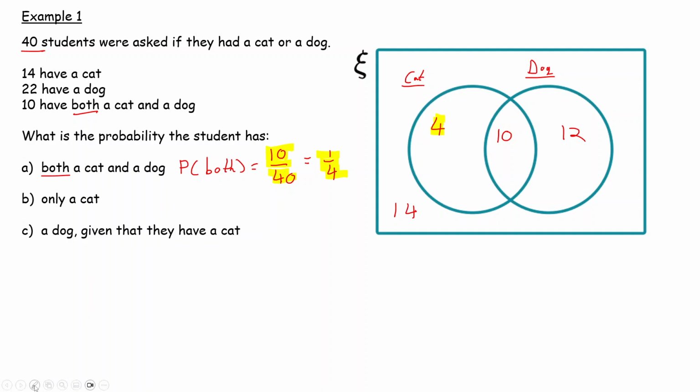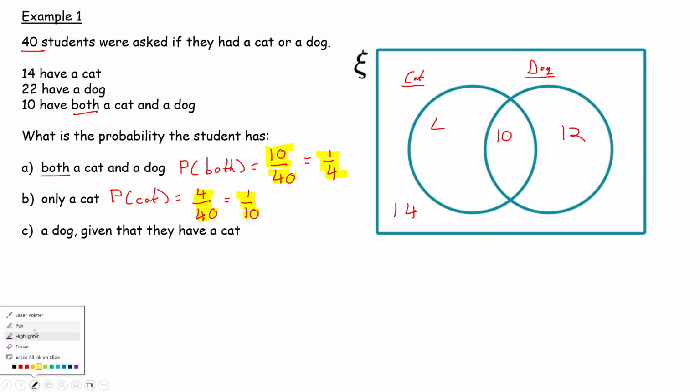So the probability of just having a cat is going to be equal to 4 out of 40, which you could write as 1 over 10 if you wish, but both of those are definitely good. They're both absolutely correct. So that is good. Last question, which is a bit of a sneak question, really.